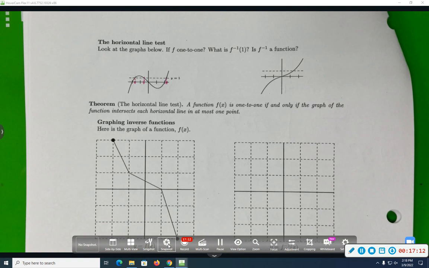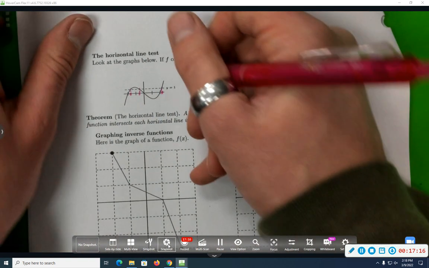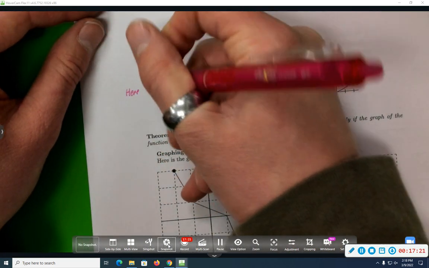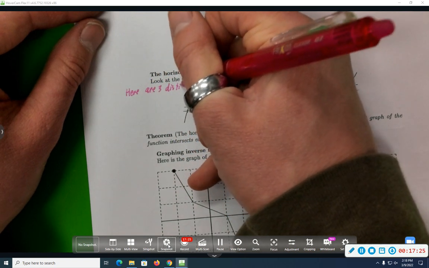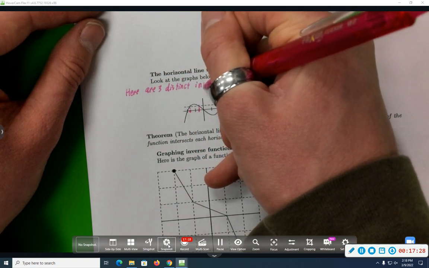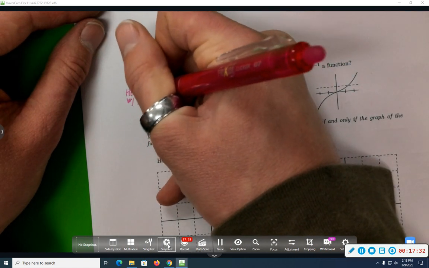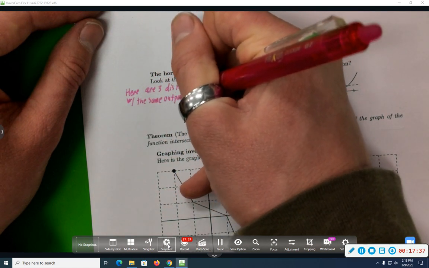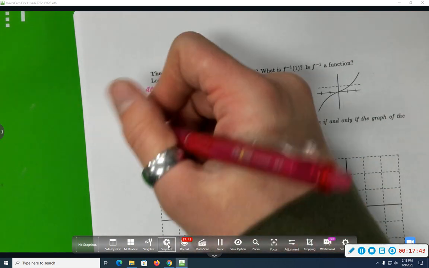There's an input, the output is 1. So here are 3 distinct inputs, all with the same output. So, would you say that function is one-to-one? No. There are 3 points that violate it.